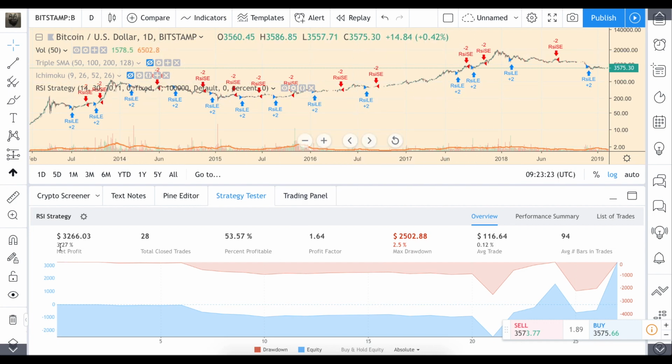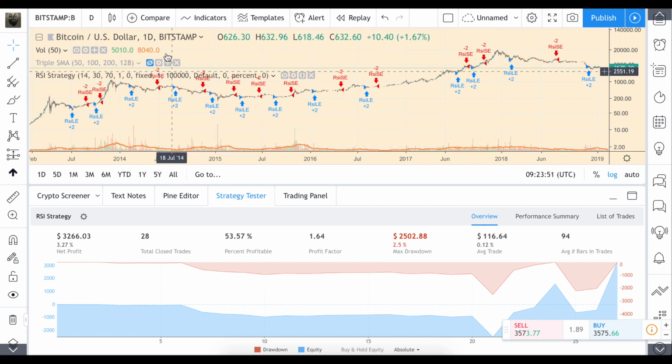If you use all of those, you will have 3.27% profit, and 53% of the trades are positive. It's not that bad, but for the whole history of Bitcoin trading here, if you just buy and hold, you will have much more. So it's not that great, as you can see, but it's not the worst actually.